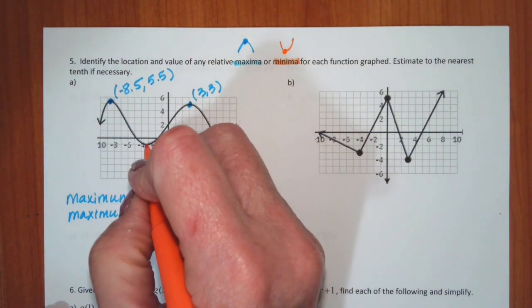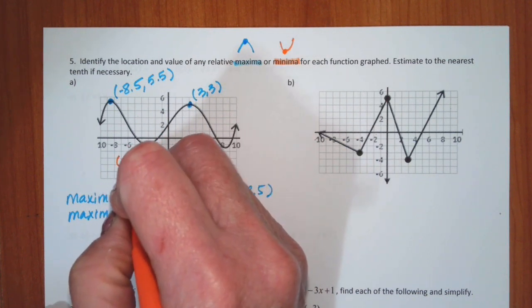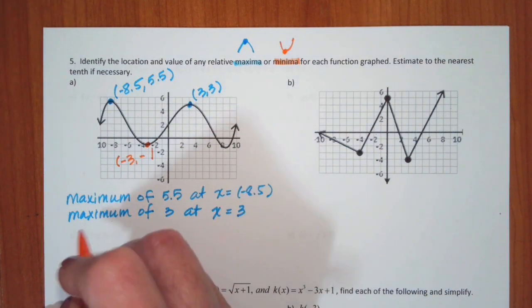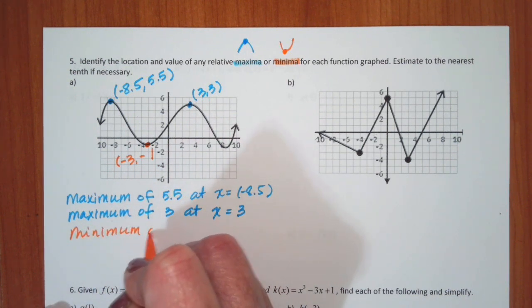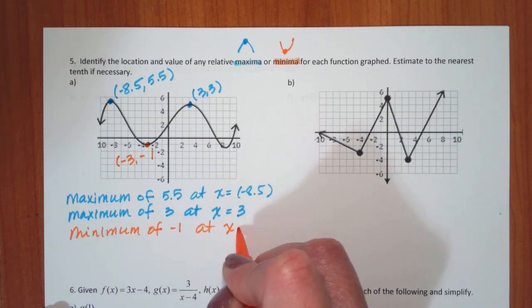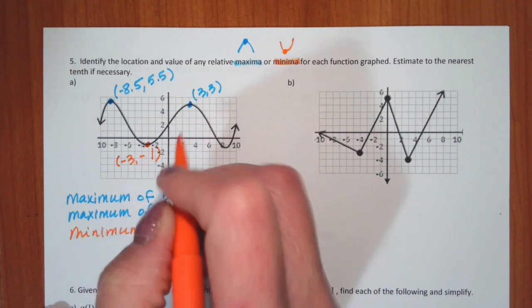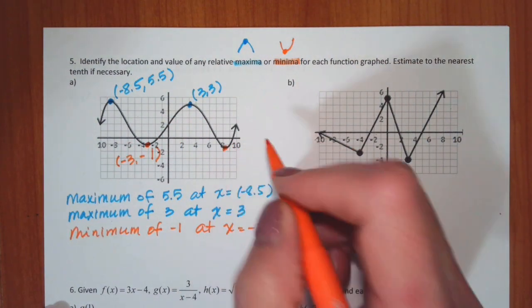Now it looks like we've got 2 valleys on here. So this is the point negative 3, negative 1. So this is a minimum of negative 1 at x equals negative 3. And I forgot to close my parentheses. And we have another one here.